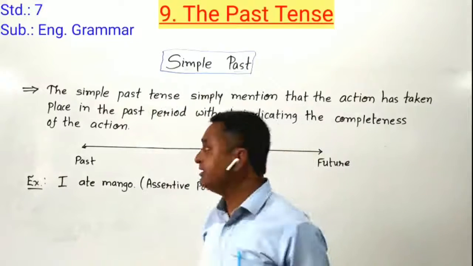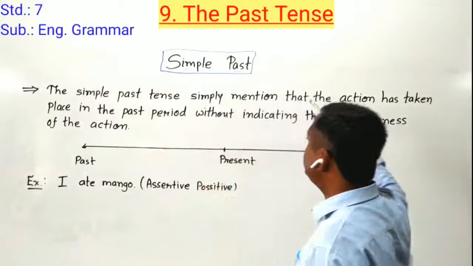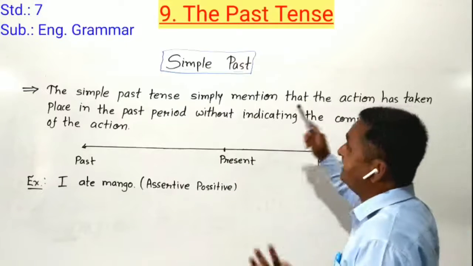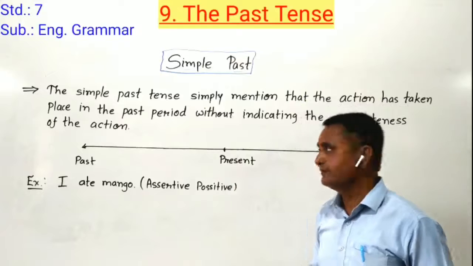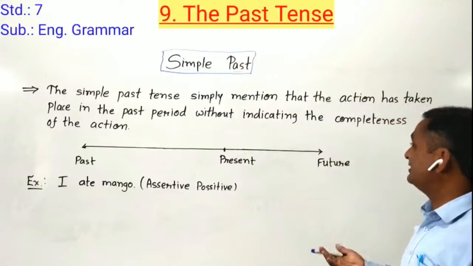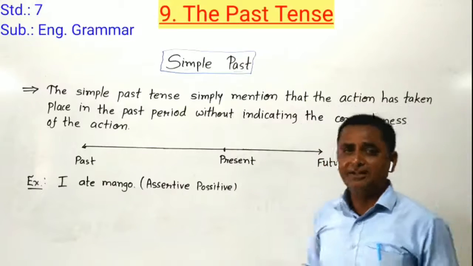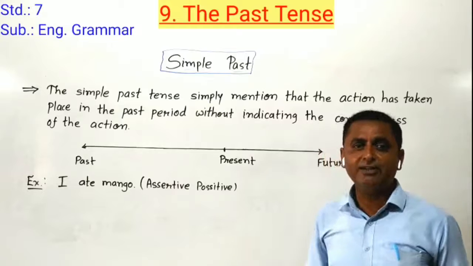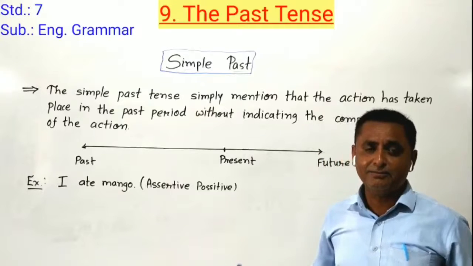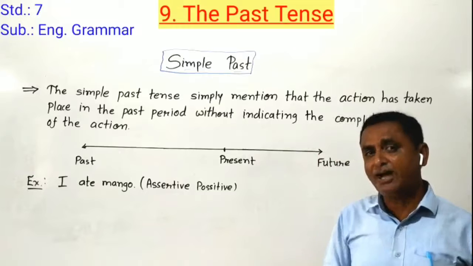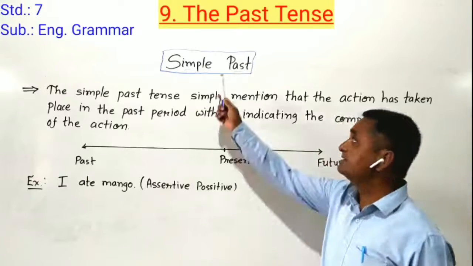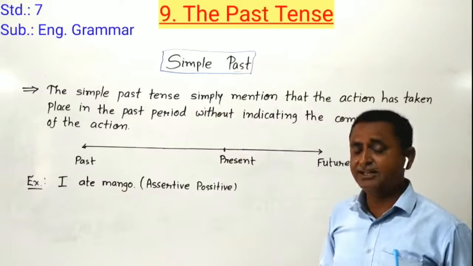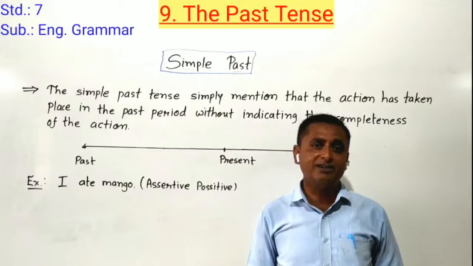Can you understand, student? The simple past tense simply mentions that the action has taken place in the past period without indicating the completeness of the action. Action completed or not completed, we don't have to see that type of things. But action taken place in the past, it is known as a simple past tense.